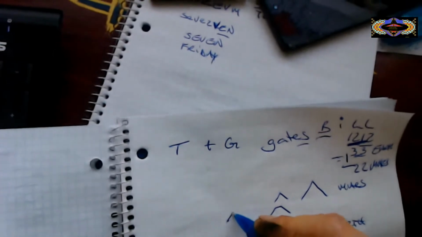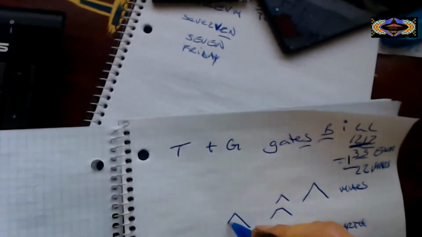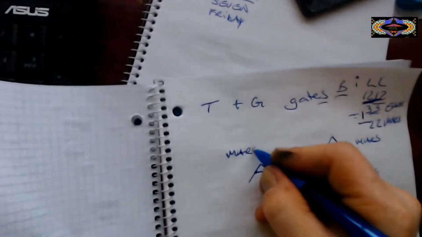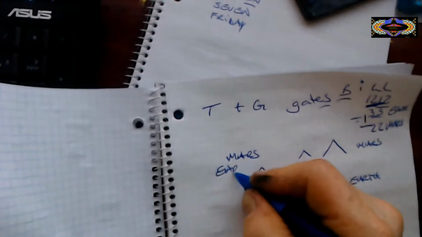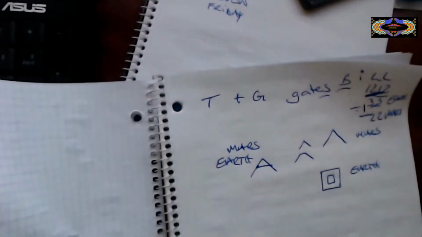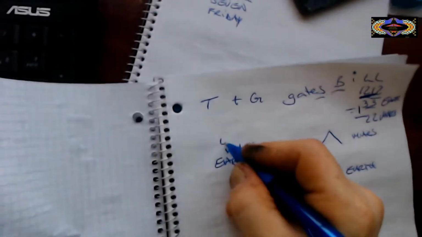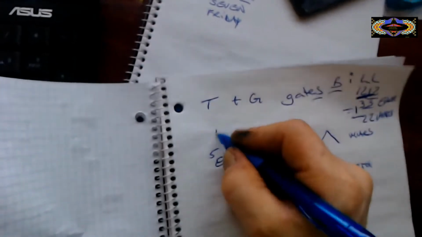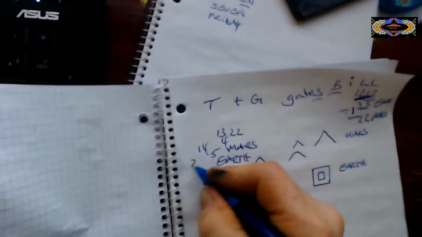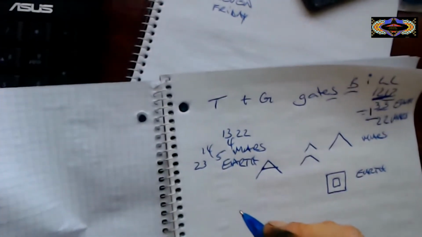So when you put them together, okay, that's what it looks like, Mars and Earth. But the extended alphabet, okay, 4 and 5, 1 and 3, 4, 2 and 2, 4, 1 and 4, 5, 2 and 3, 5.